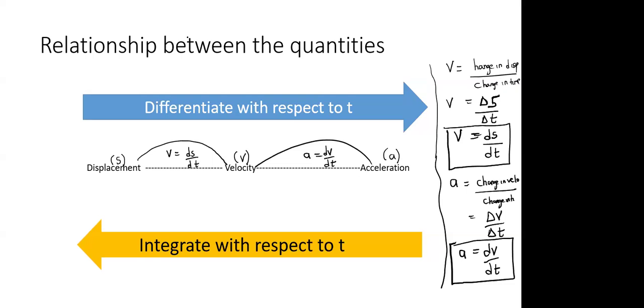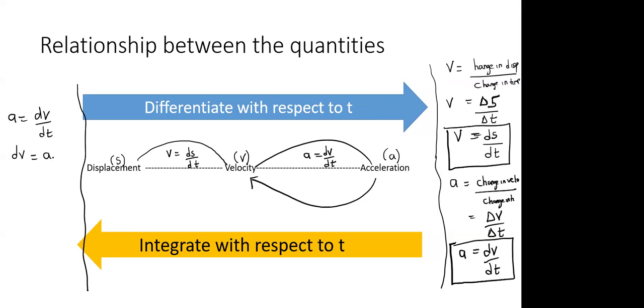To obtain my velocity when I have acceleration, I'm going to use the sides here. Acceleration is given by dv dt. Now, members, when I cross multiply, I'll have dv is equal to a dt.